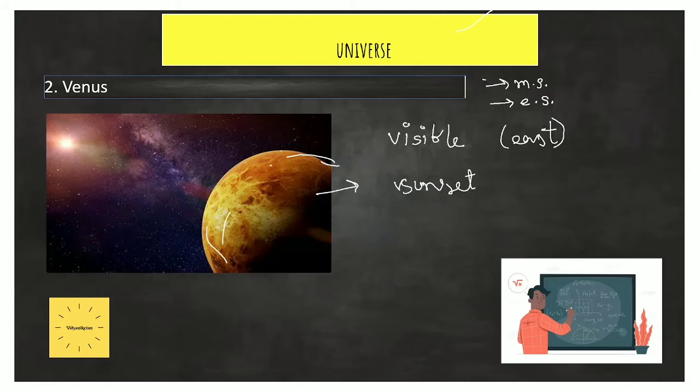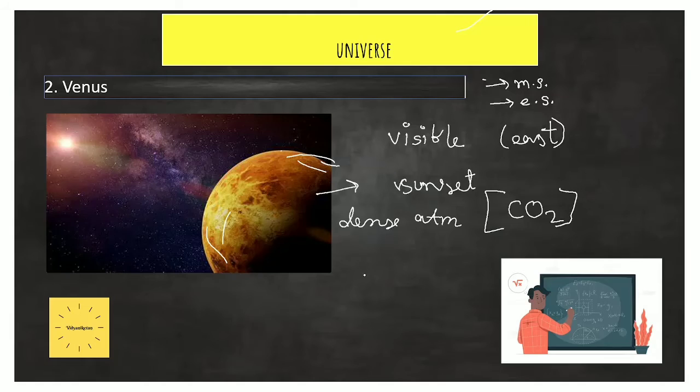Venus is a brilliant planet because of its dense atmosphere. Venus has a dense atmosphere, and it consists mostly of CO2, that is carbon dioxide.